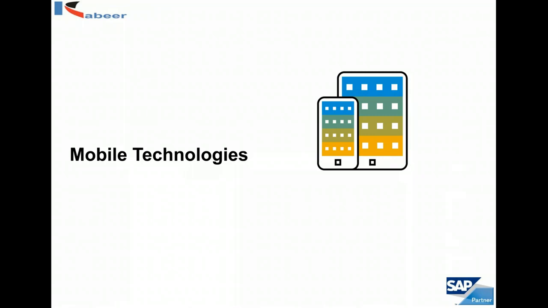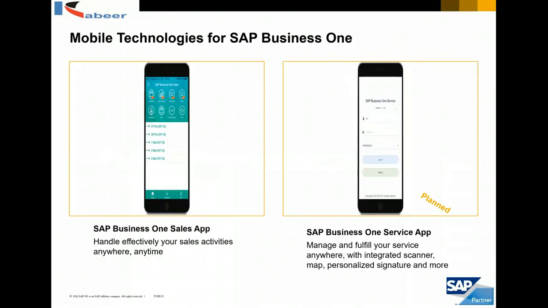Everyone has a mobile phone. The question is, how can we use a mobile phone not for personal usage, but for business? In SAP Business One, I will show you a bit of an overview also.